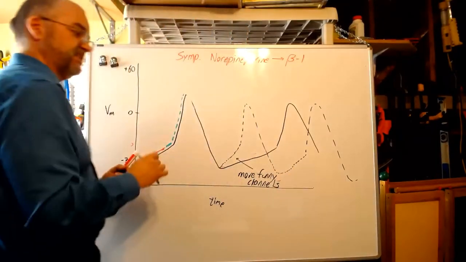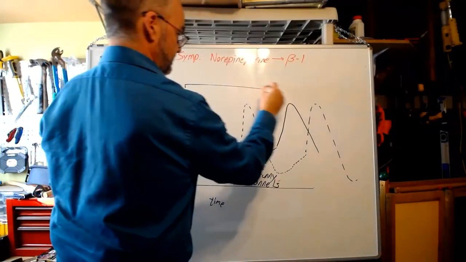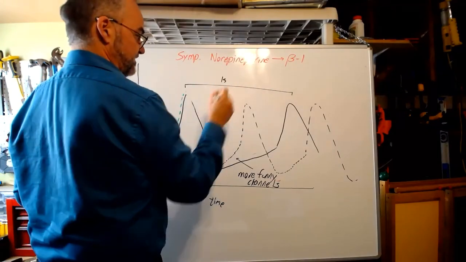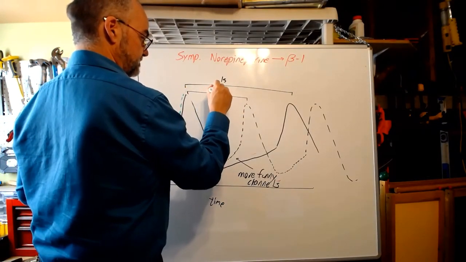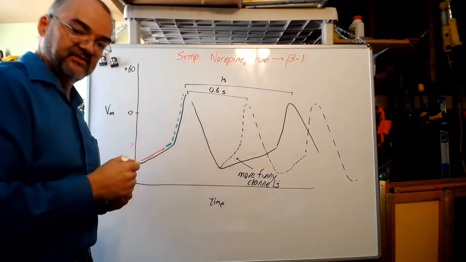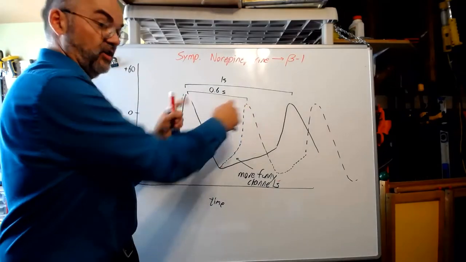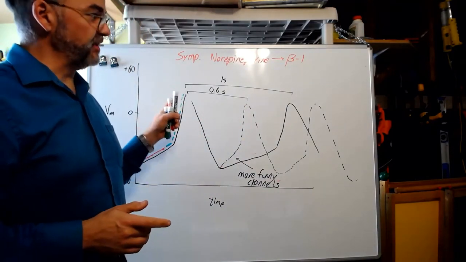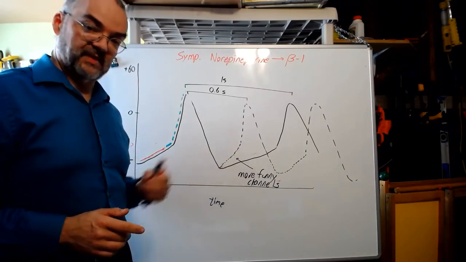And you can see that rather than having this long period between heartbeats, like say if this was 1 second, maybe now it's happening every 0.6 seconds. This would be the difference between a heart rate of 60 and a heart rate of 90 beats per minute. So the sympathetic nervous system can speed up the heart rate just by making us depolarize back to threshold faster.